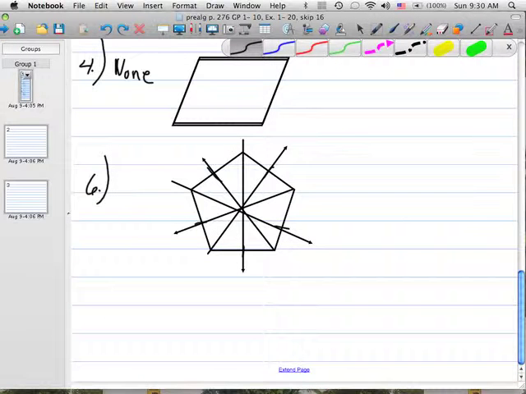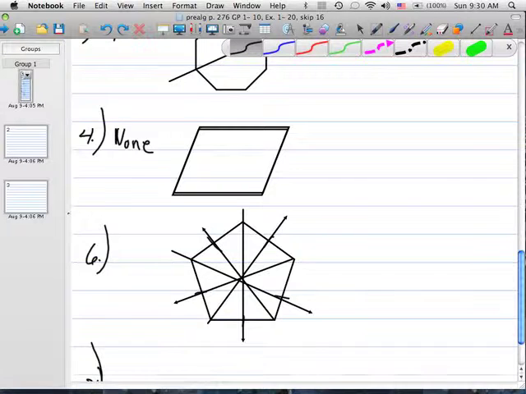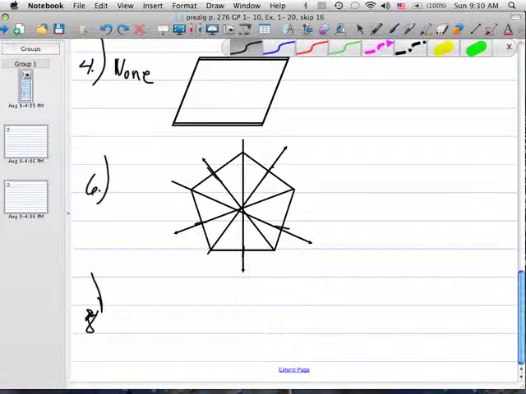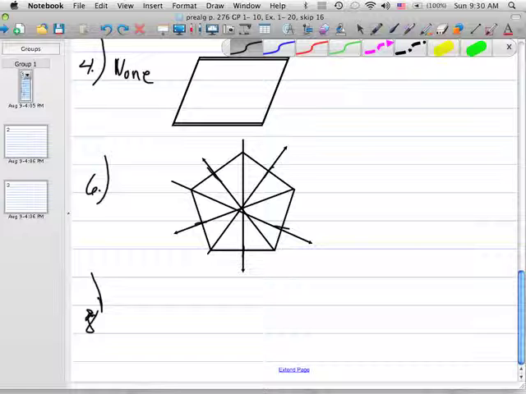Problem number 8. What type of triangle has exactly one line of symmetry? That would be an isosceles triangle.